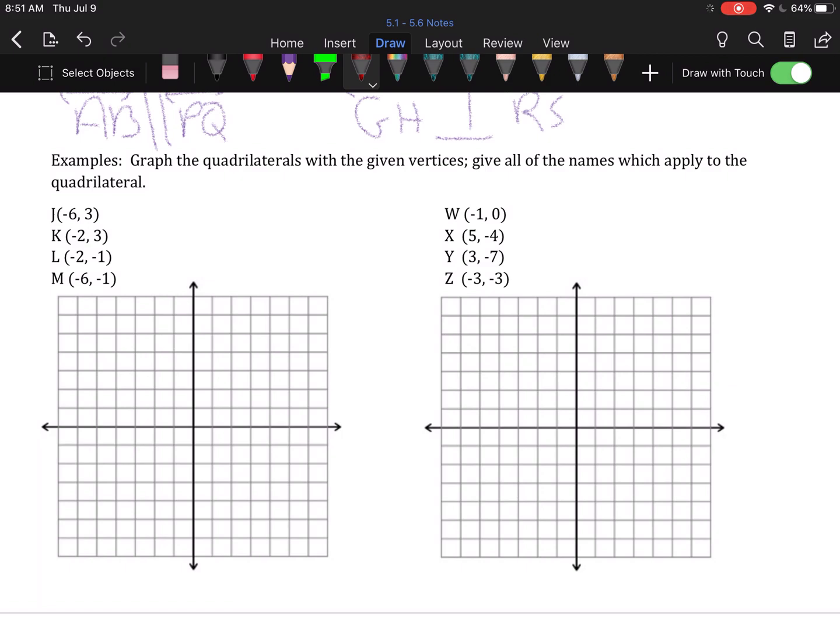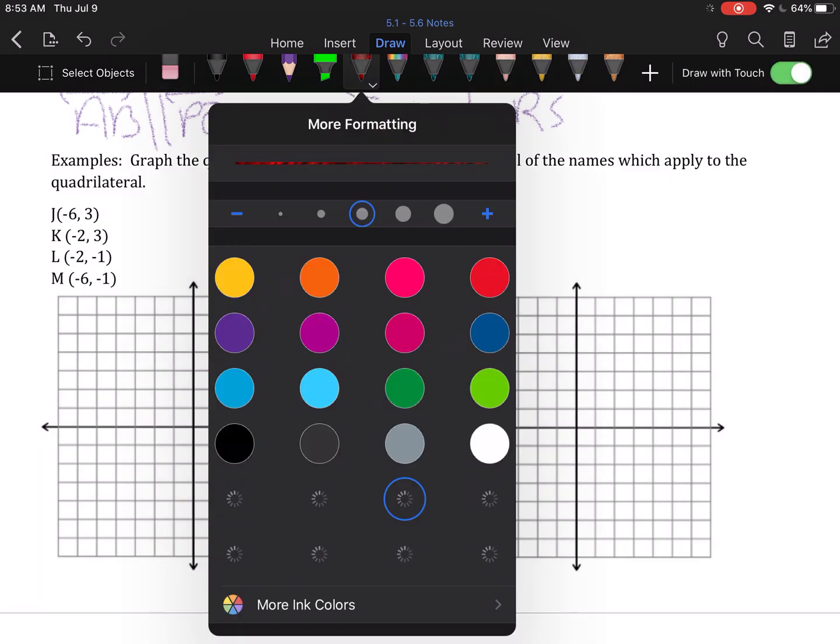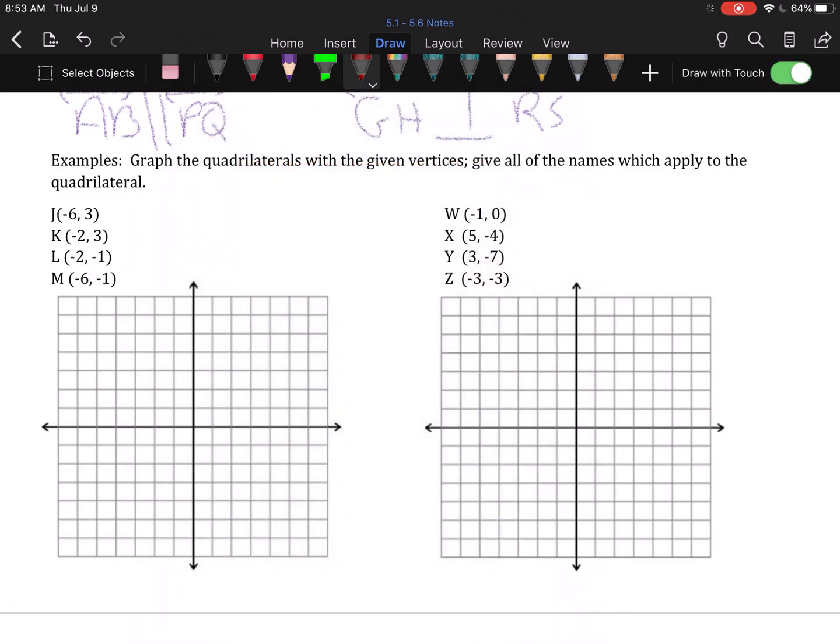So J is at negative 6, 3. That means left 6, up 3. So 1, 2, 3, 4, 5, 6. 1, 2, 3. That could be a little bigger. Let me get a bigger dot here. There we go. And that is J. K is at negative 2, positive 3.